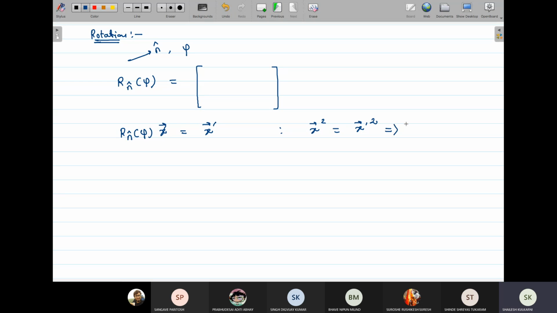This is another way of saying that the rotation matrices are orthogonal: R n cap phi transpose R n cap phi equals identity. Now, because the parameter involved in the rotation is a continuous parameter, any rotation can be written as the exponential of minus i, n cap is the axis, phi is the angle, dot J, where the J's are the generators.